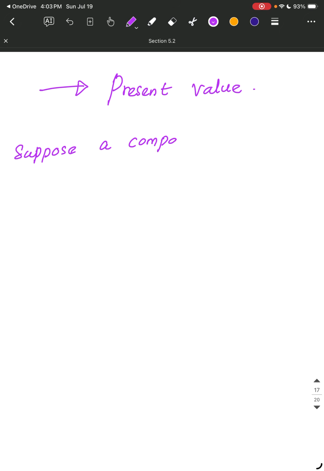Okay, let's go for the present value. So, suppose a company promises to make regular payments to you in the future.